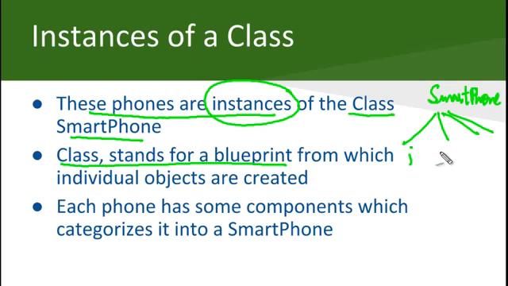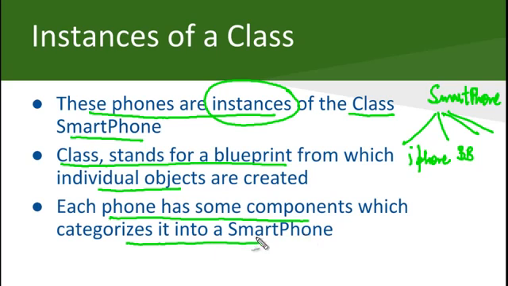It can have an iPhone, it can have a BlackBerry or anything else. So there is a basic blueprint and from this individual objects are created. Just understand the concept that in the real world there are various objects of similar kind. Now each phone has some components which categorizes it into a smartphone.